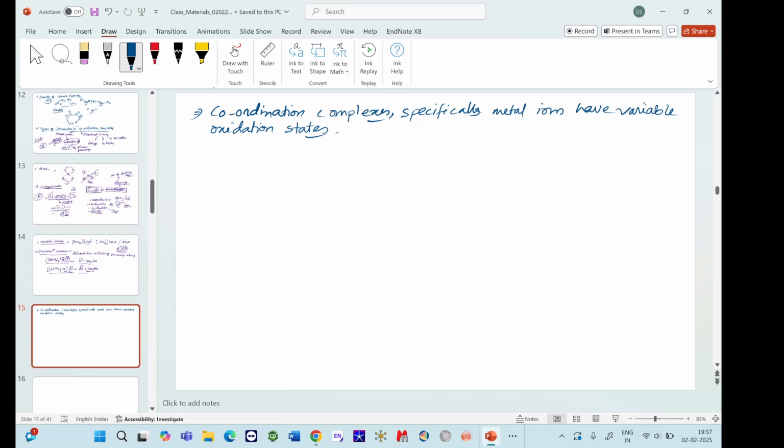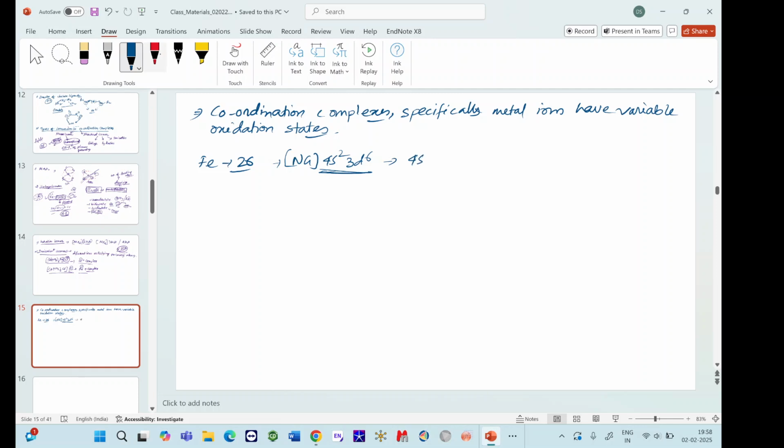Okay, say for iron, iron atomic number is 26. What is its configuration? It will be noble gas, then you have 4s2 and 3d6. Now, how many ways can you remove these electrons?